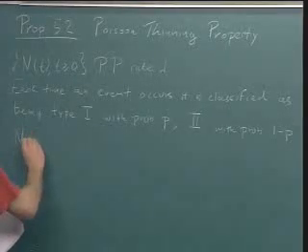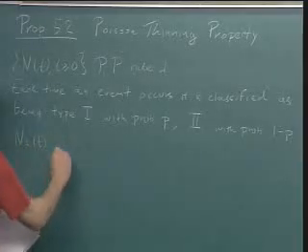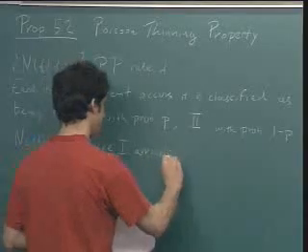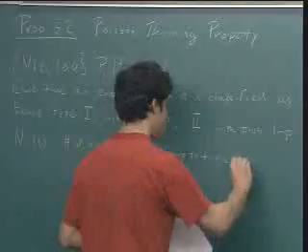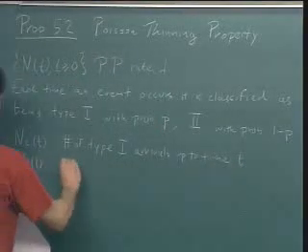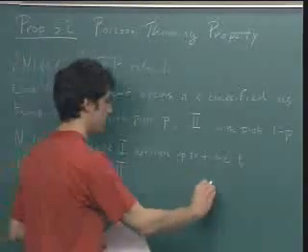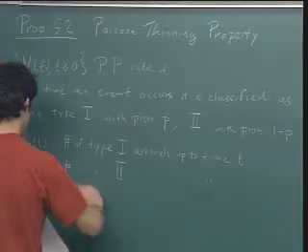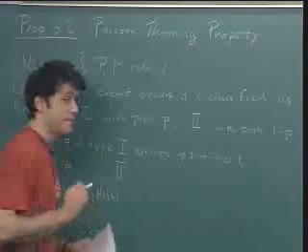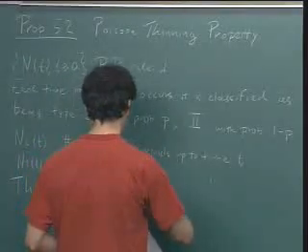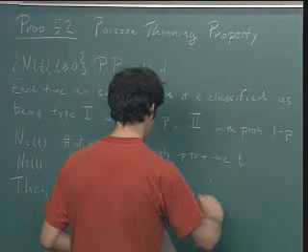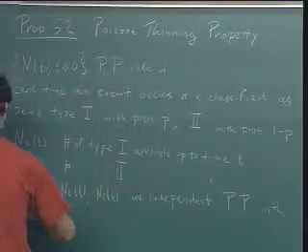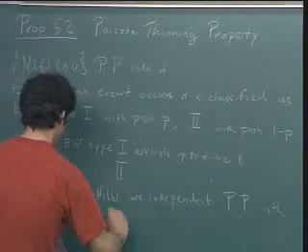Now, if we denote by n1 of t the number of type 1 arrivals up to time t, and similarly n2 of t the number of type 2 arrivals up to time t, then this proposition tells us that n1 of t and n2 of t are independent Poisson processes with rates lambda p and lambda times 1 minus p, respectively.